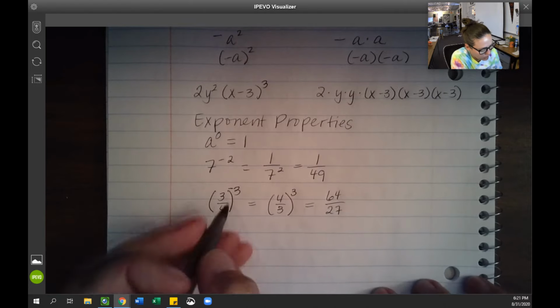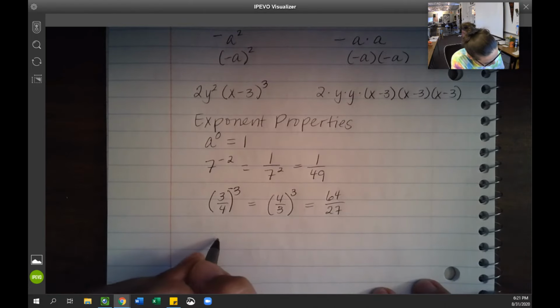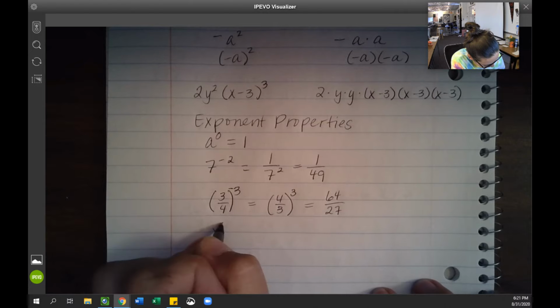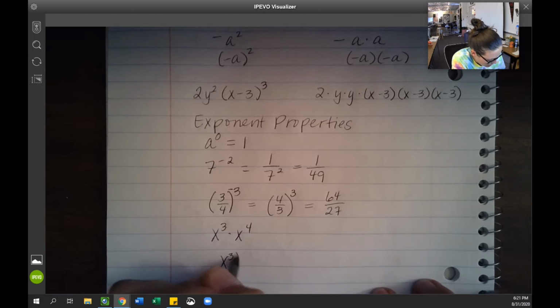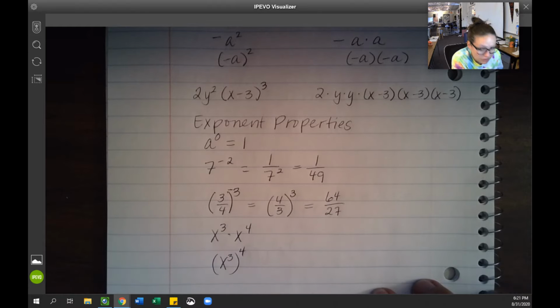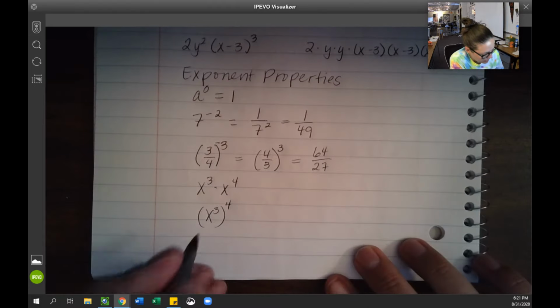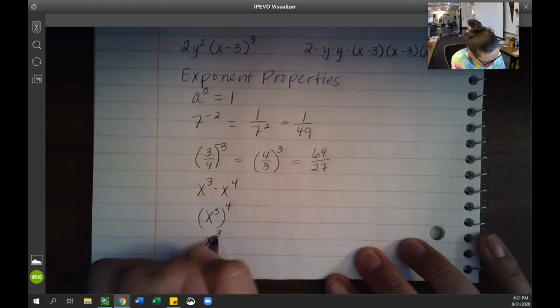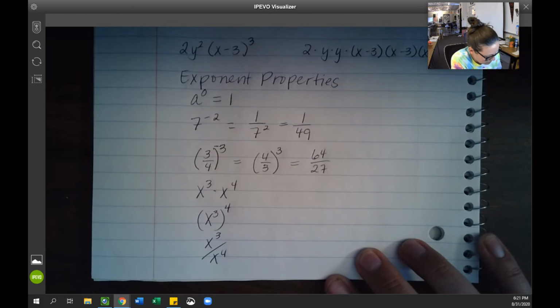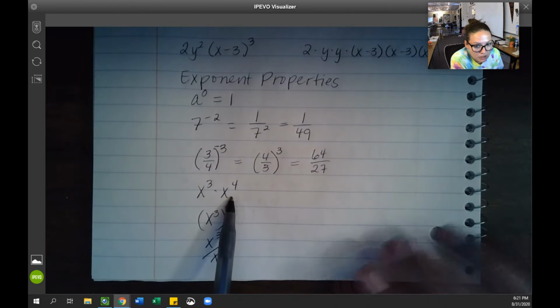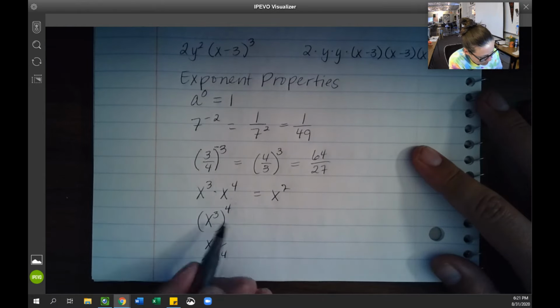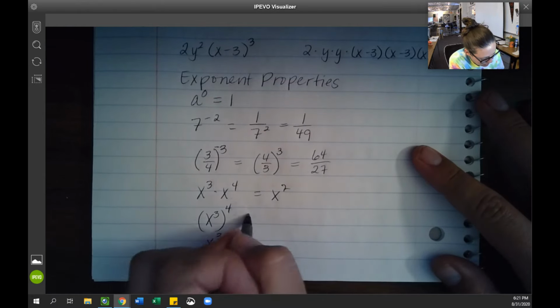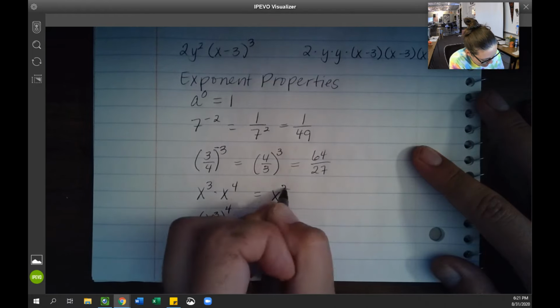All right, a couple other properties. If I have 2 powers multiplied together, or a power to a power, or let's say I'm dividing 2 powers. When I'm multiplying the powers, I add the exponents. When I do a power to a power, we multiply the exponents.